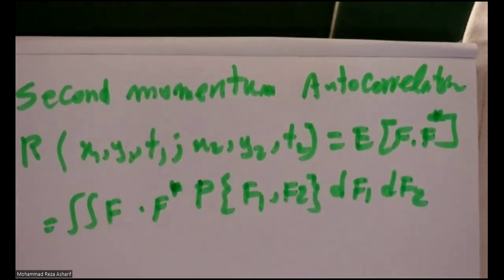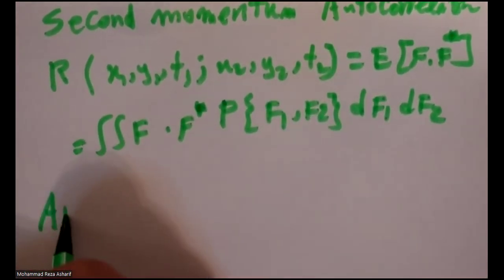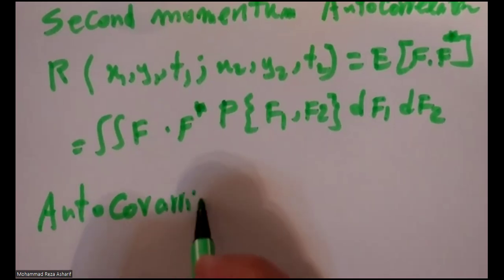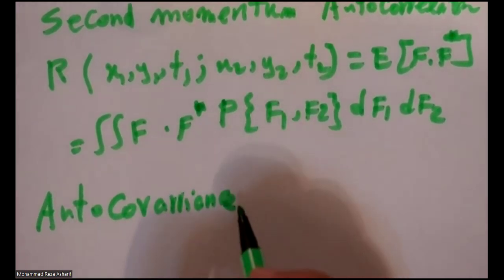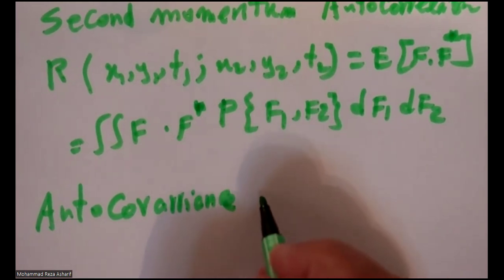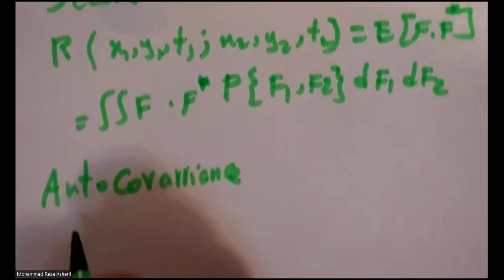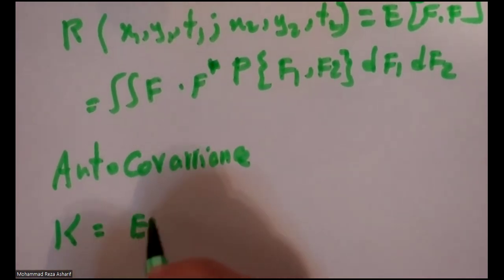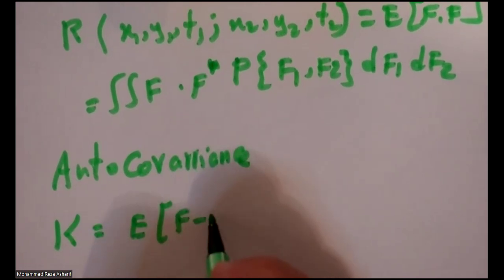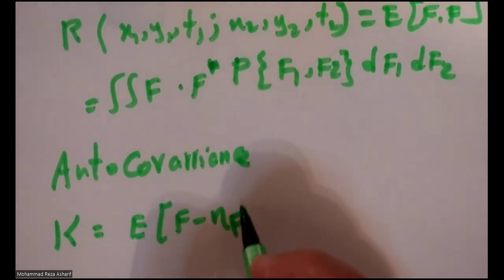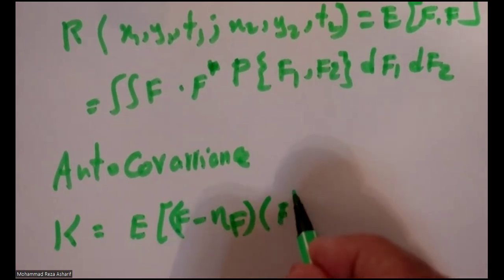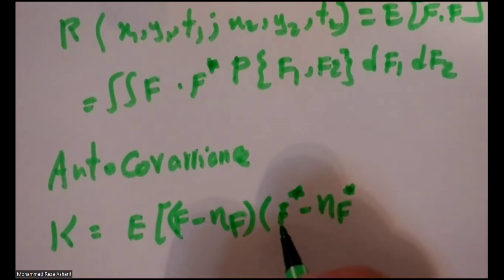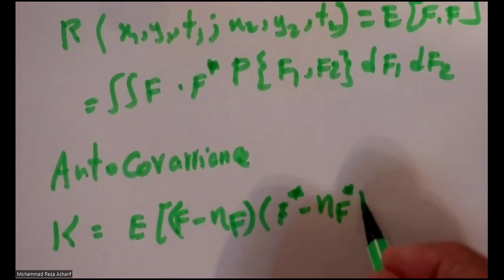And autocovariance is autocorrelation without average. So K is, I write for you simply, E of F minus eta F multiplied by F star minus eta F star, which is the mean value of F star.